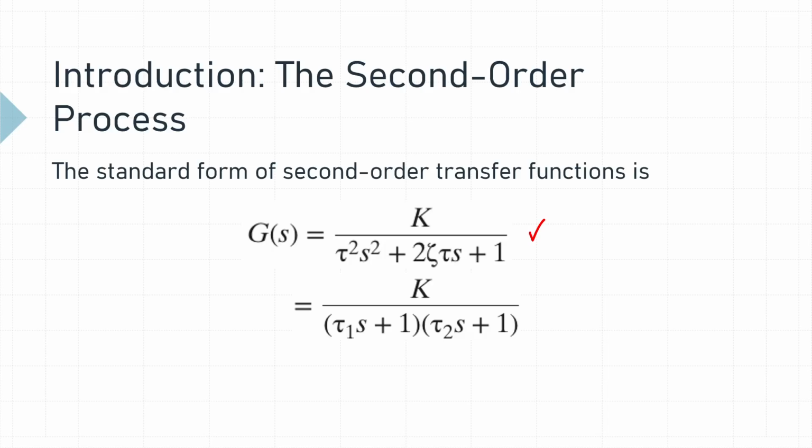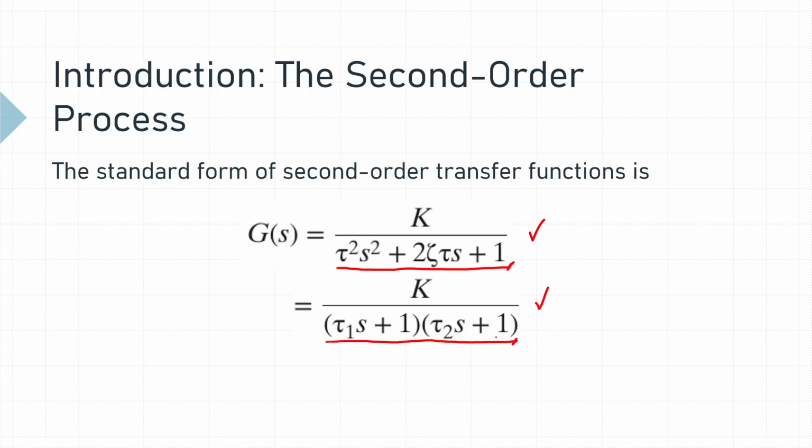Here, as mentioned, K is your steady state gain. Tau is the system's response time, and zeta is the damping ratio, determining the system's behavior under transient conditions. Comparing this to the previous expression, it is worth noting that the standard form only differs in the denominators.